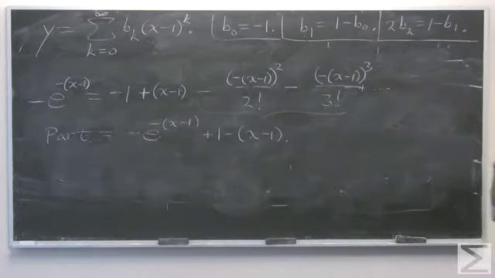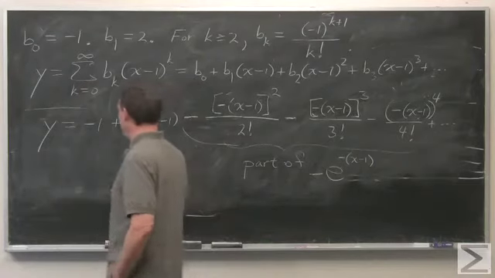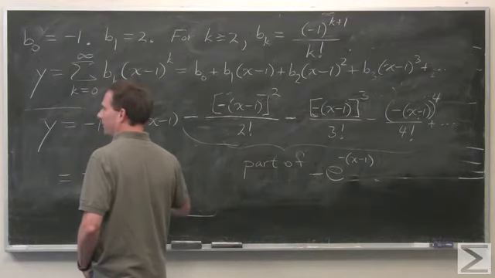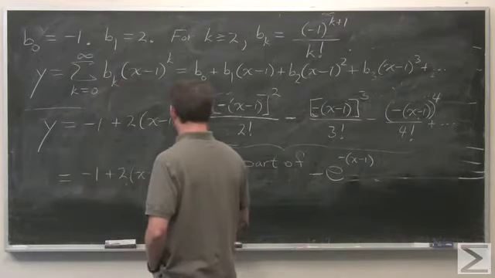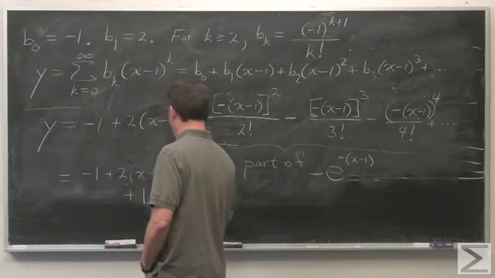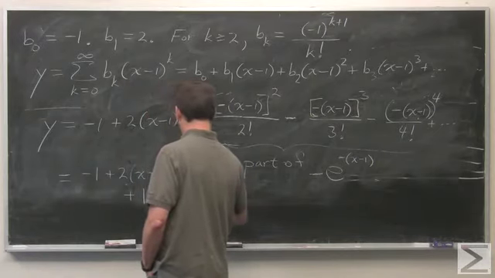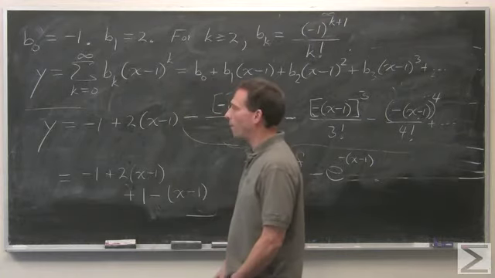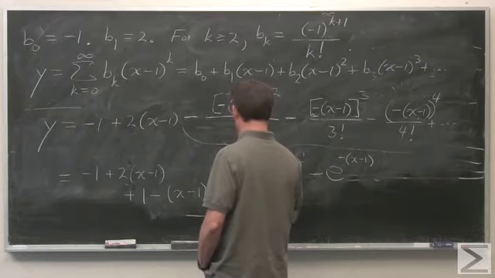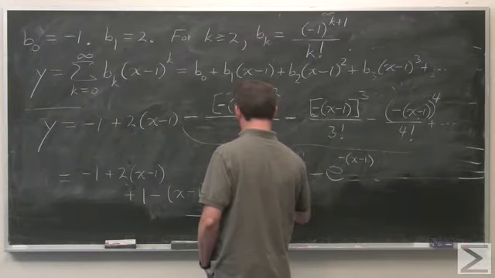So if you put that in over here, what you find is that our y is minus 1 plus 2 times (x minus 1), and then you will add a 1, so plus 1 minus (x minus 1), plus 1 minus (x plus 1), and minus e to the minus (x minus 1).